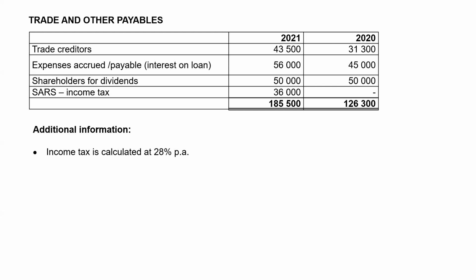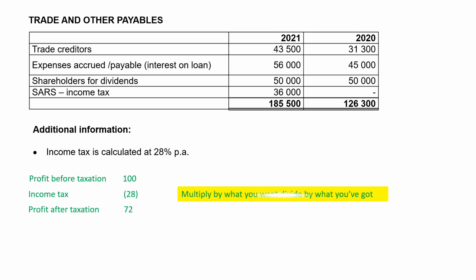So what we have under additional information is that income tax is calculated at a rate of 28%. So you just have to do this quick calculation where you know that your profit before tax will be 100, our tax rate will be 28, and your profit after tax will be 72. Remember the rule, multiply by what you want.